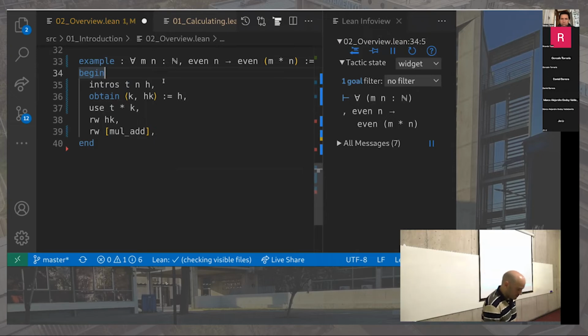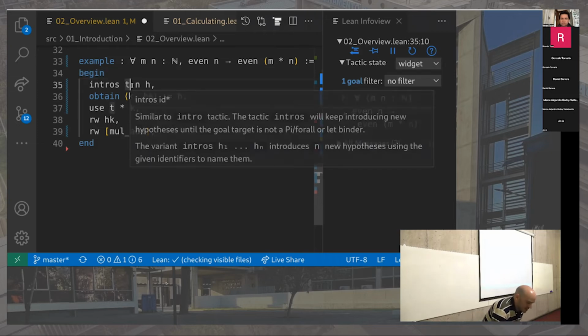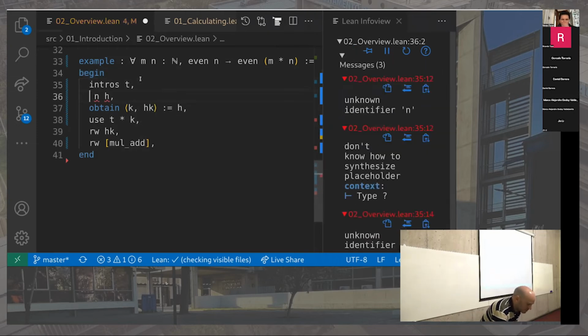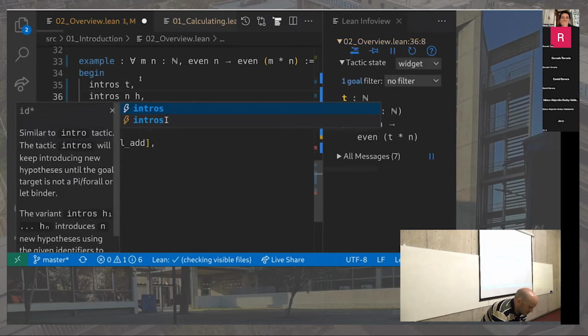So just to be precise, the order in which you introduce things matters. Because if I put H at the beginning, H will be the natural number. It's the same order written in the goal. The goal is for all natural numbers M, N, this implies this. And you can really see it happening.